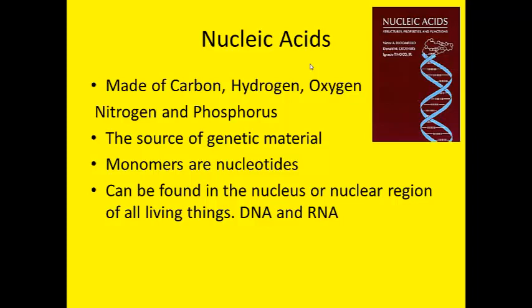The monomers are called nucleotides, and nucleotides put together are going to make up a long chain of nucleic acids. Nucleic acids are found in the nucleus of a cell or in a nuclear region of a prokaryotic cell. Some common examples of a nucleic acid are DNA and RNA. And like I mentioned earlier, ATP is also a nucleic acid.